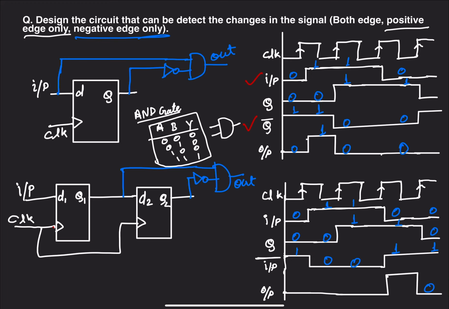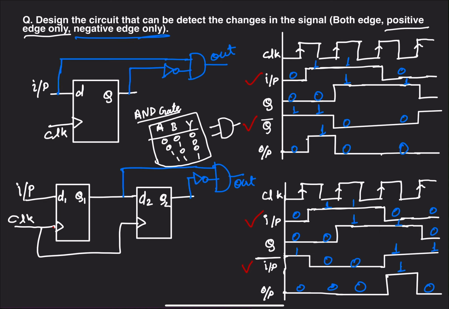We can see that only when q is 1 and the input bar is 1, at that time only our output is 1. In the rest of the conditions, our output is 0. So for that case, we use the same AND gate, but in this case we have to invert the input.